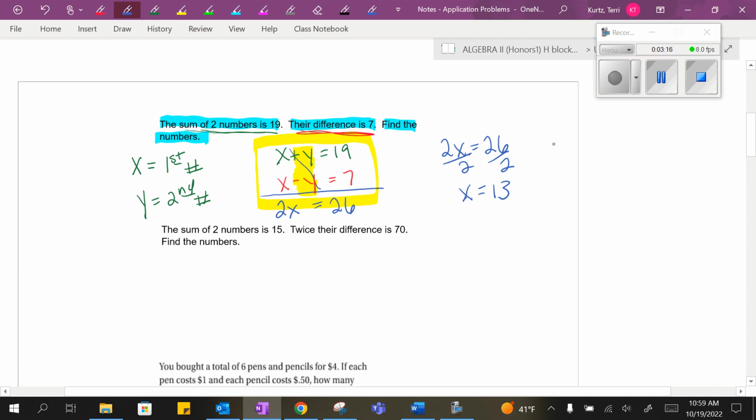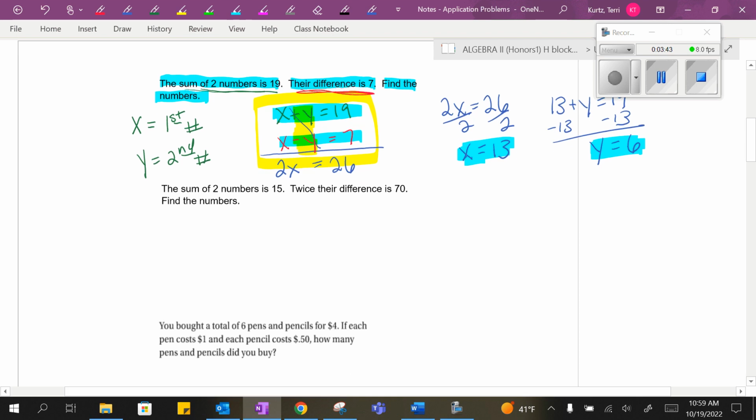To find y, we can substitute that into one of our equations. So I'm plugging this into the first equation, and I get y equals 6. So there I have my two answers, 13 and 6. And we can see that 13 plus 6 would equal 19, and 13 minus 6 would equal 7. Okay, so that's one example.